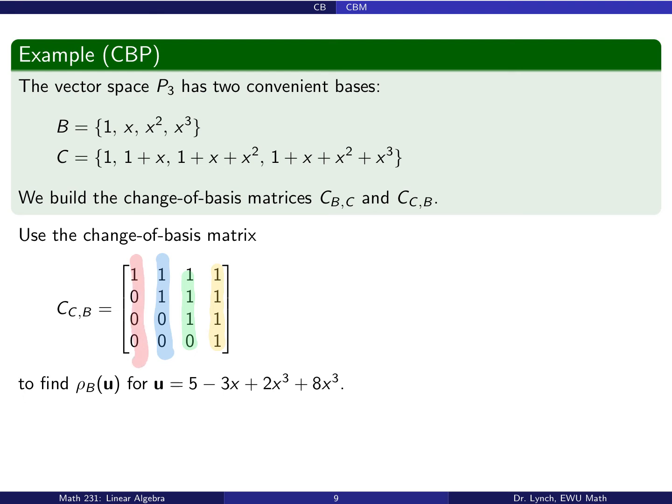And we can similarly find rho sub B of U, just by picking off the coordinates in this case. Again, writing things in terms of the standard basis is quick, but as it turns out, rho sub B of U is equal to that change of basis matrix we just saw times whatever the coordinatization is with respect to the basis C.